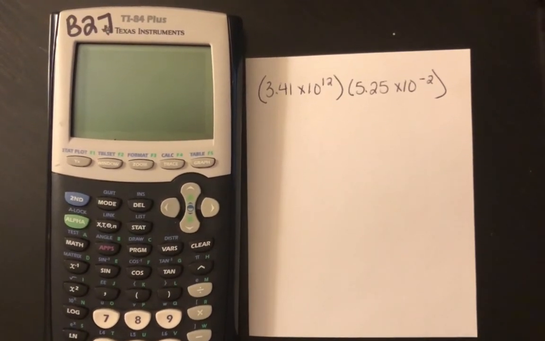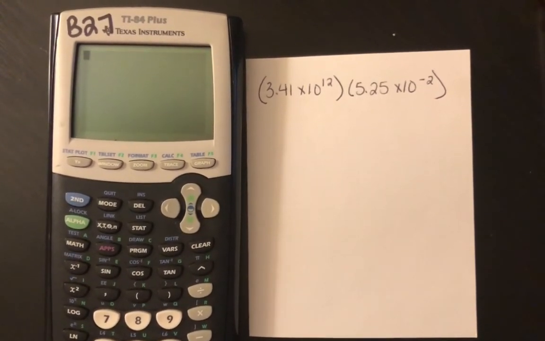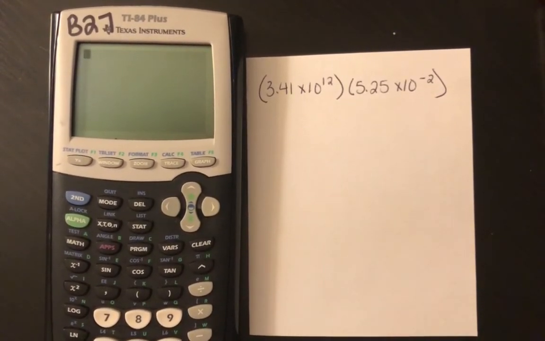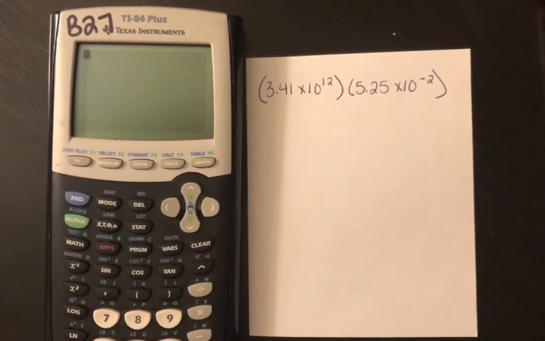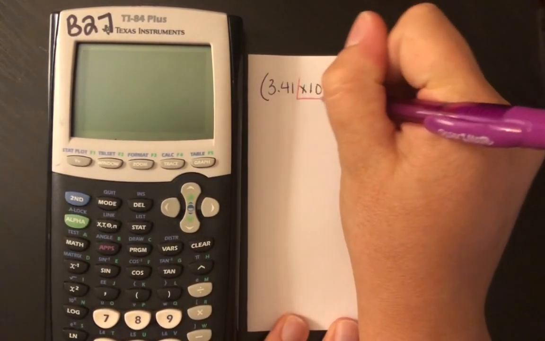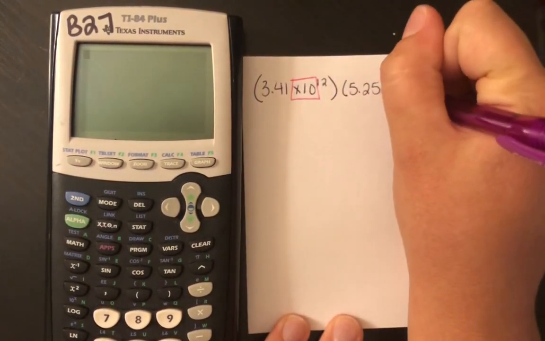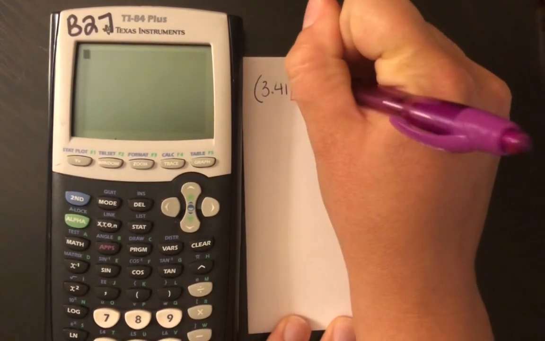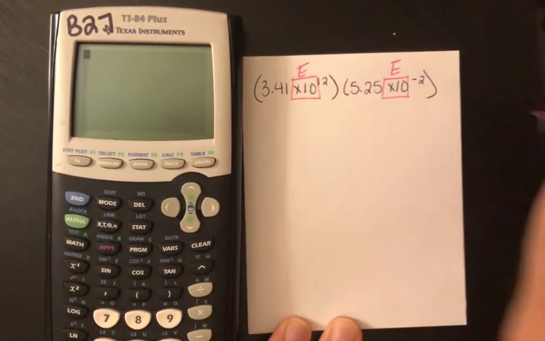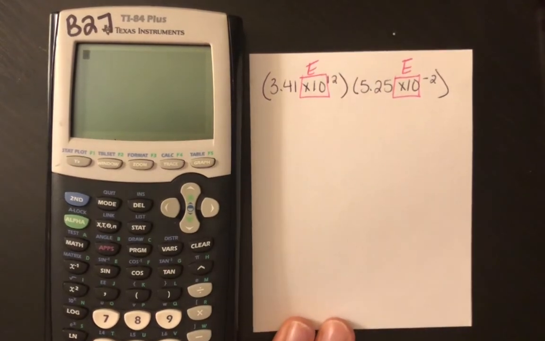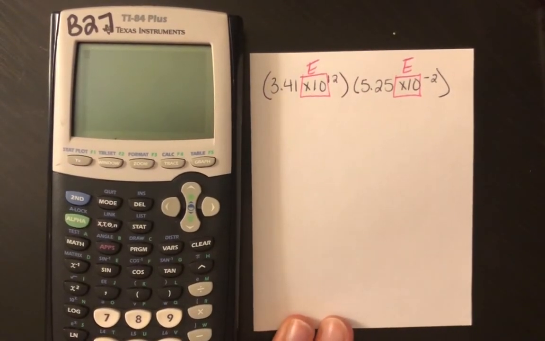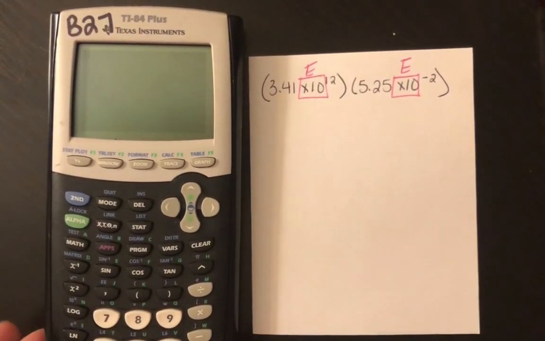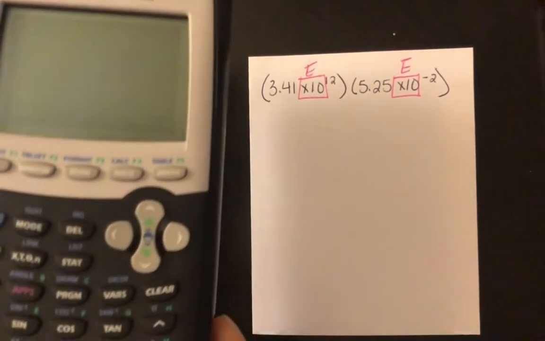For this practice problem, we have 3.41 times 10 to the 12th power multiplied by 5.25 times 10 to the negative 2 power. When performing this calculation using our calculator, we want to replace the times 10 in our scientific notation number with E or capital EE or EXP.